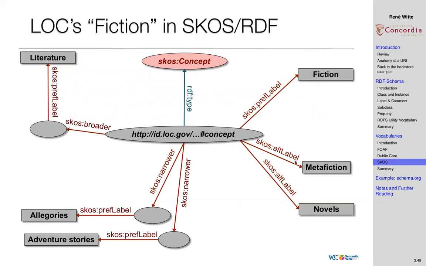So instead of fiction, it might also be called metafiction or novel. Then we have links to both narrower and broader terms. A narrower term would be something like a subclass, adventure story, allegory, and a broader term would be something like a superclass, so literature. So this is how it connects this concept with the other entries using the SKOS vocabulary. So SKOS broader, SKOS concept, and so on.